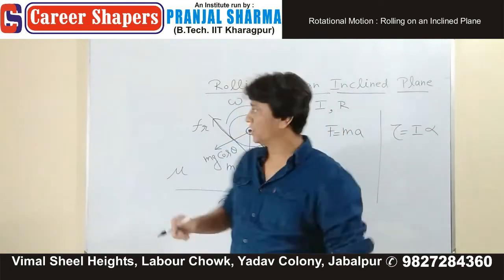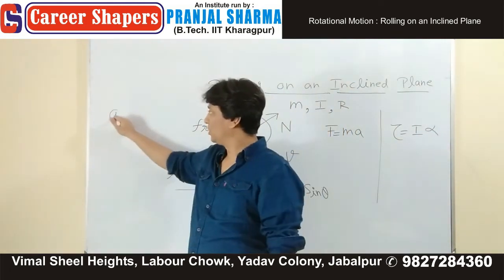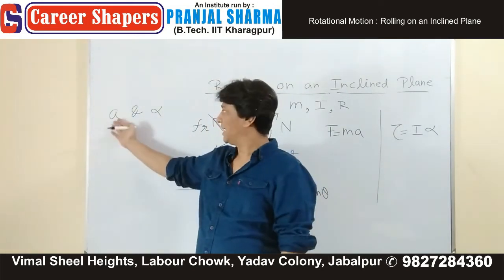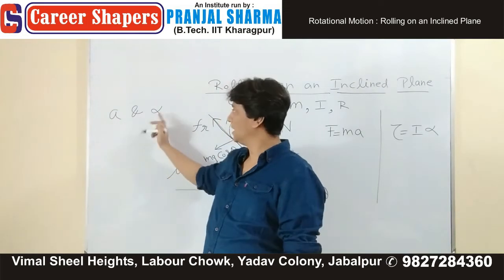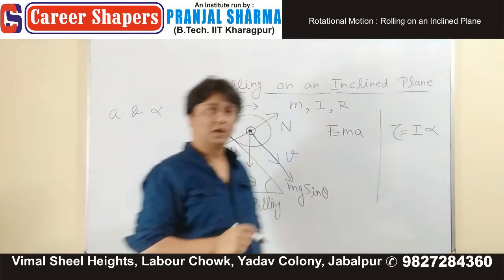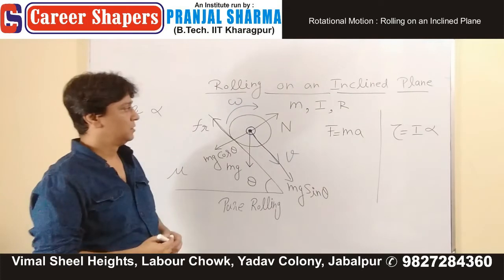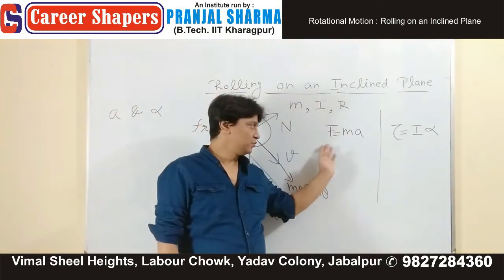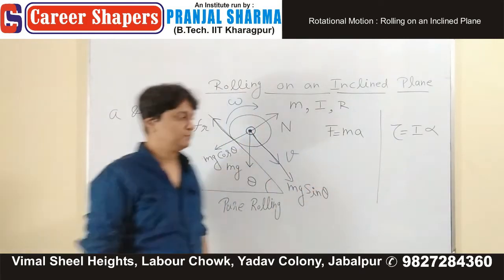And the third thing is relationship between A and alpha. Acceleration of center of mass and angular acceleration of the body. So far we have solved all these questions with the help of these three things only.